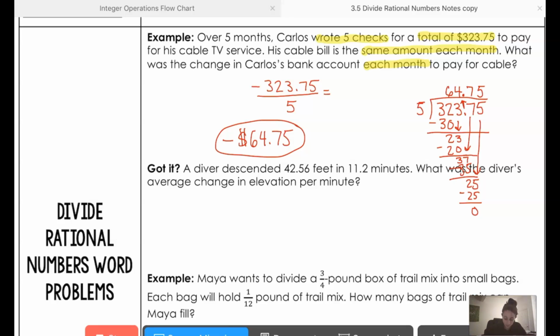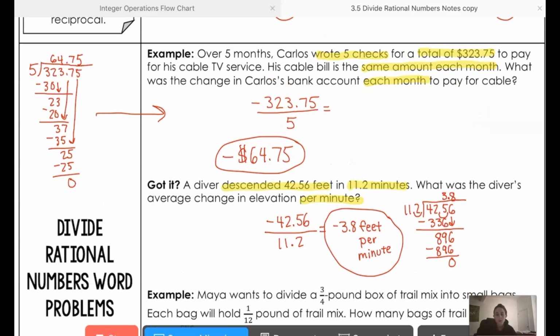All right, you try the next word problem on your own and hit play when you're ready to check your answer. All right, check your answers with mine. Should be the person descended 3.8 feet per minute, or negative 3.8 feet per minute. The long division there was a little cumbersome, so you probably had to multiply to check and keep going. So I apologize for that.